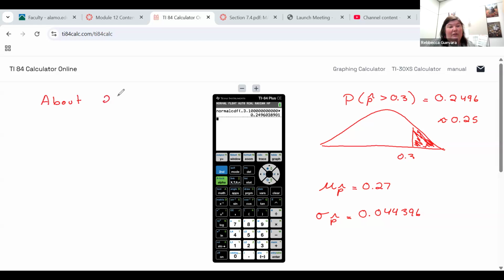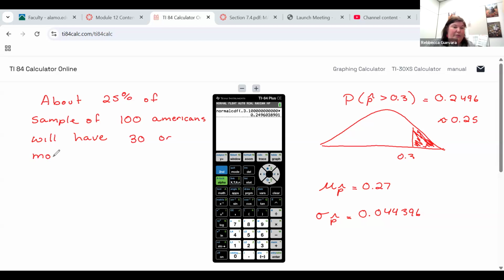So about 25% of samples of 100 Americans will have a proportion of 30 or more people who like chocolate ice cream.